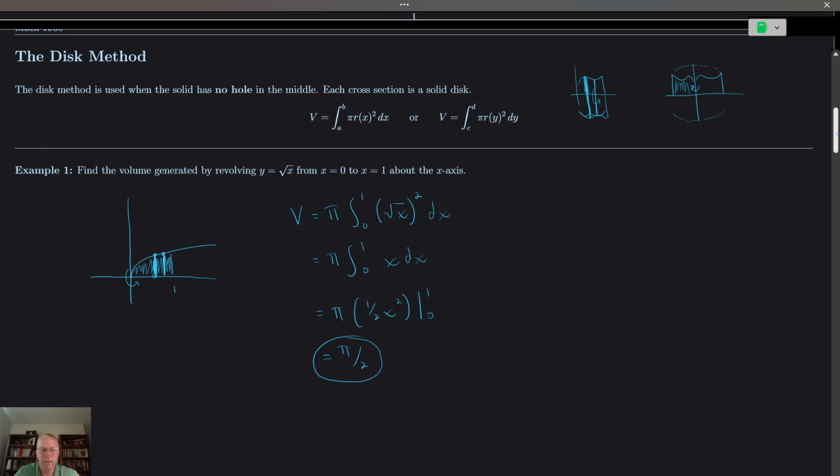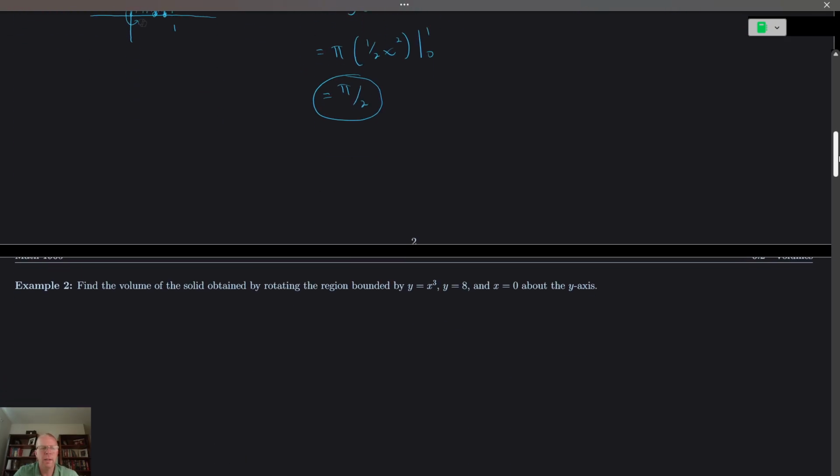How do you figure out the distance from the bottom to the top of the shaded area? In this case, it's just the y value of the function. The y value goes from 0 to 1, and wherever we are, it happens to be the square root of x. So that's the idea. All right, let's look at another one.